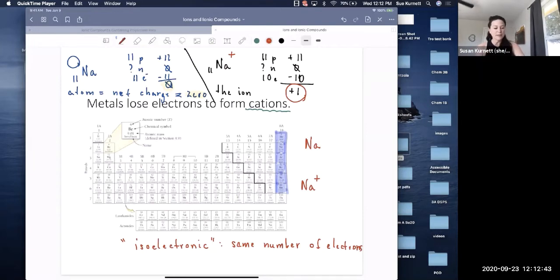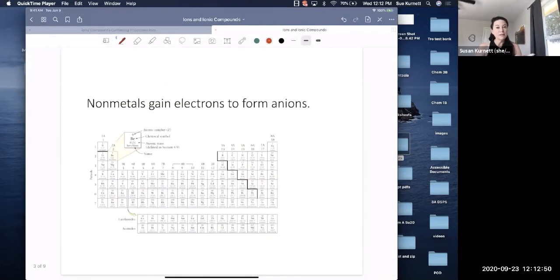Okay, so metals lose electrons to form cations. Nonmetals gain electrons to form anions. So fluorine could be an example of a nonmetal. Fluorine is not stable like that.